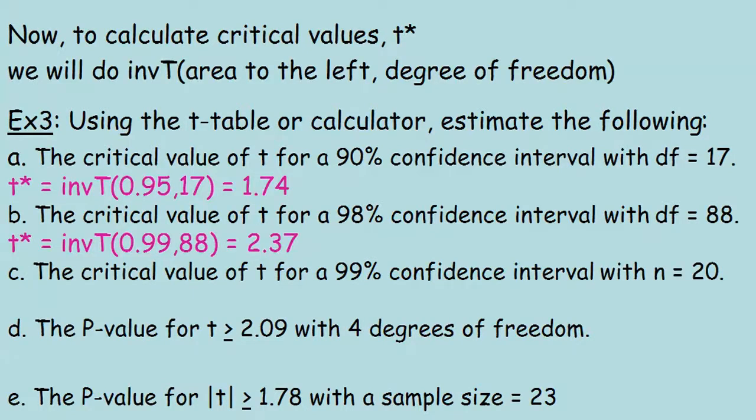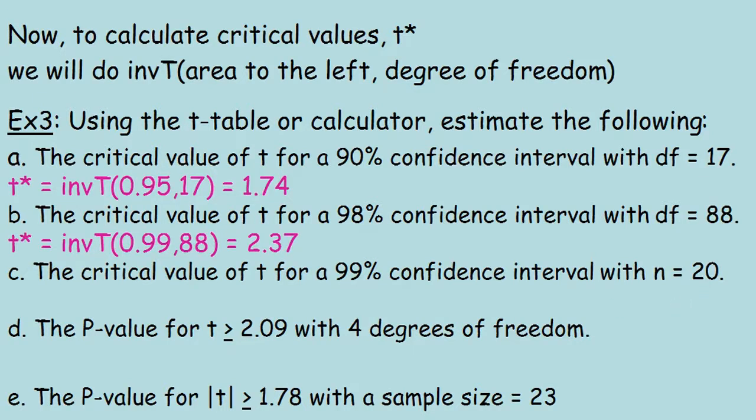Okay, let's go ahead and finish the rest of example 3 here. Letter C, you wanted to find the critical value for a 99% confidence t interval with a sample size of 20. You first find the degrees of freedom by doing n minus 1, so 20 minus 1.